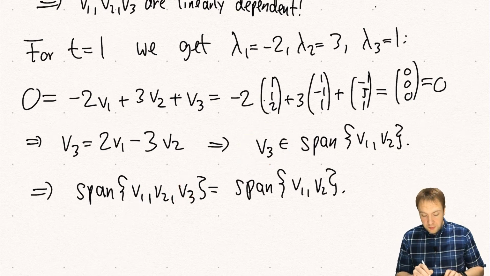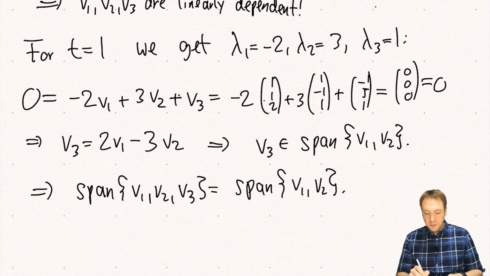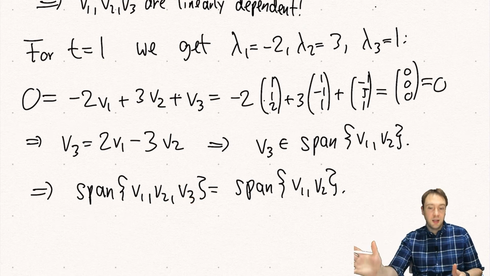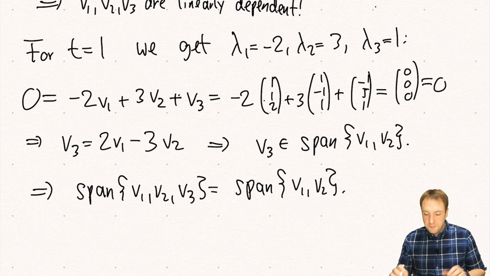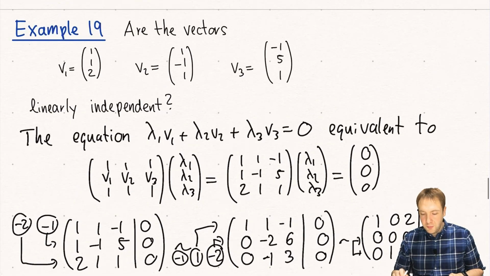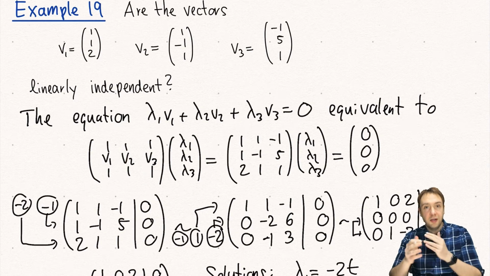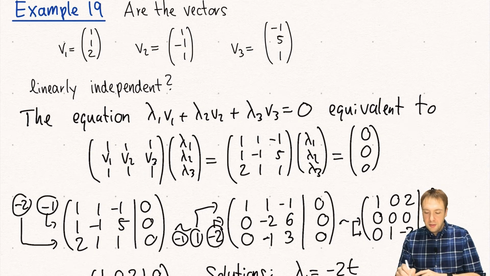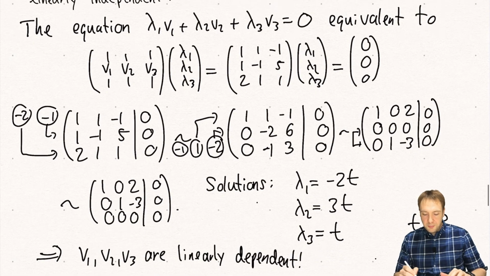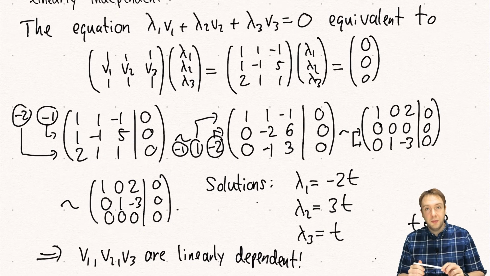And in general, if you have a collection of vectors and you want to see which of them you can throw out, like here, so this v3 doesn't really matter, so we can kick it out of the span without changing the span, then what you would need to do is try to solve this equation here. So you would write all these vectors in columns of a matrix and try to solve this equation. Then you end up in the row-reduced echelon form and see if there are free variables or not.